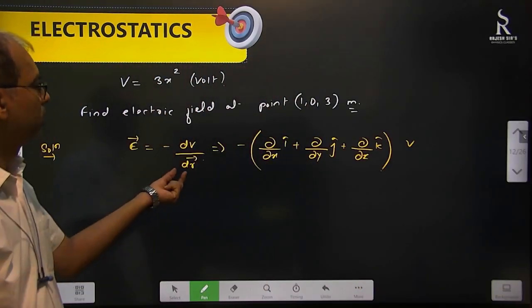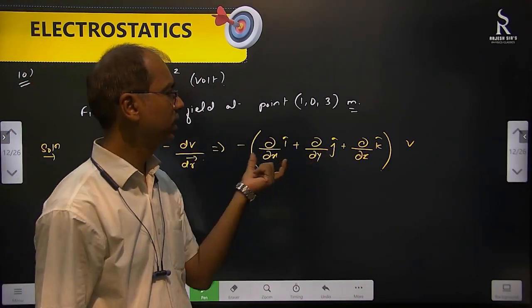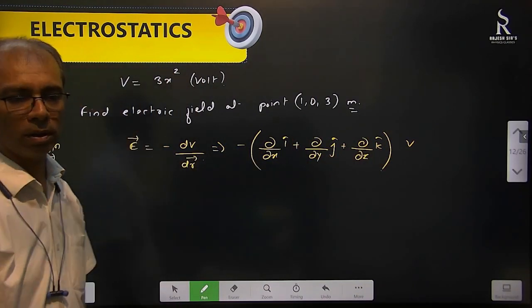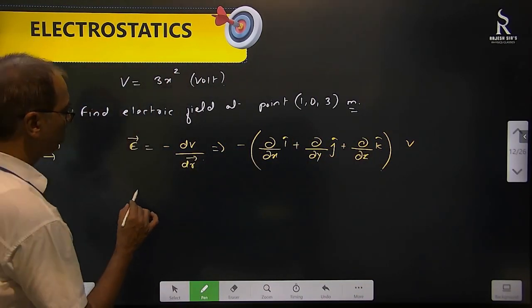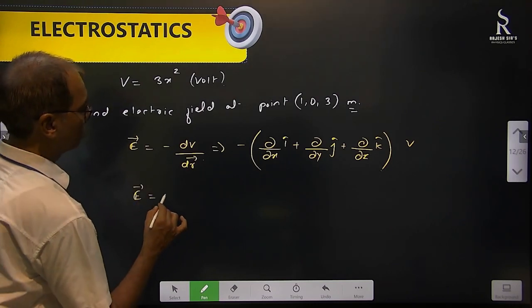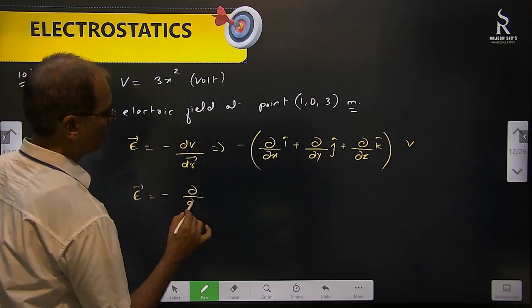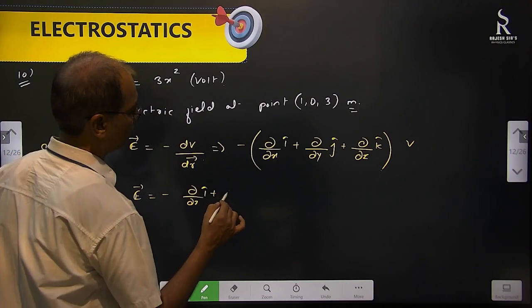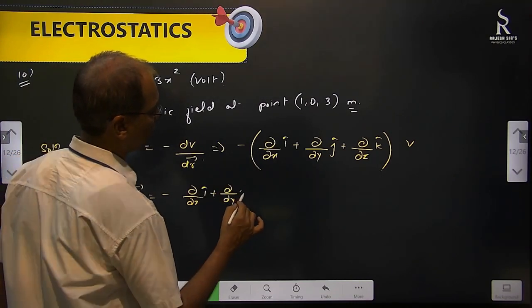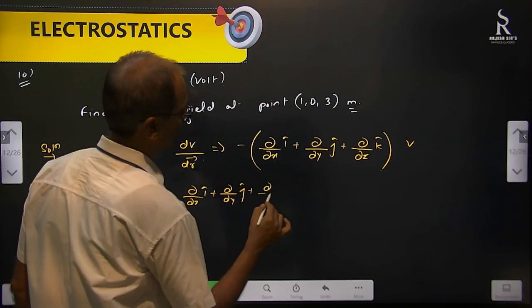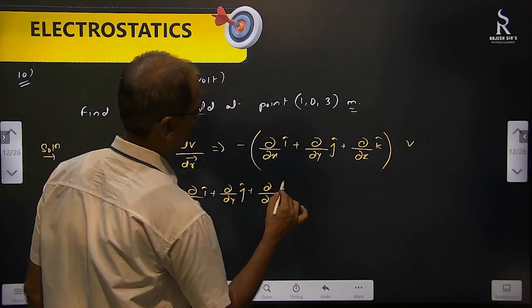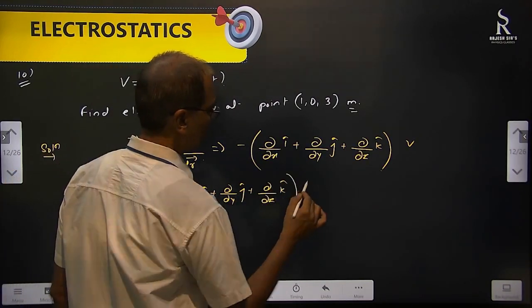So d by dr I have written like this and V as it is over here. Now put it. So E equal to minus dou by dou x i cap plus dou by dou y j cap plus dou by dou z k cap, and V value is 3x square.